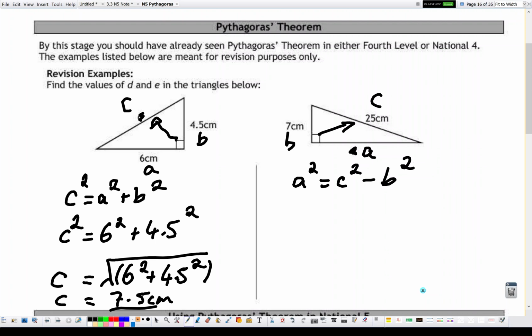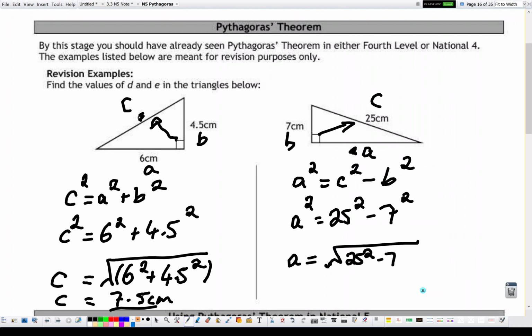And pretty much from here on in, it's just the exact same. You just need to substitute the numbers in, remember that you're subtracting, and put it all in your calculator. So A squared is equal to 25 squared minus 7 squared, and A is equal to the square root of 25 squared minus 7 squared.